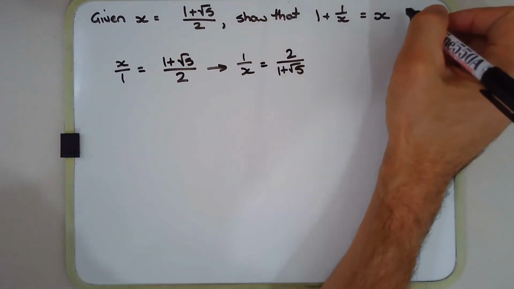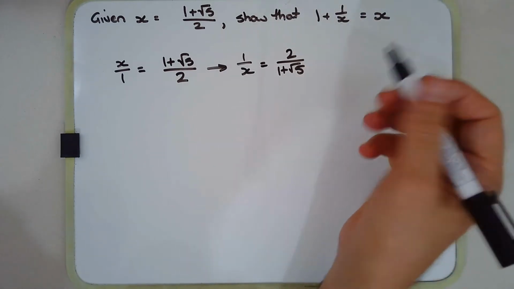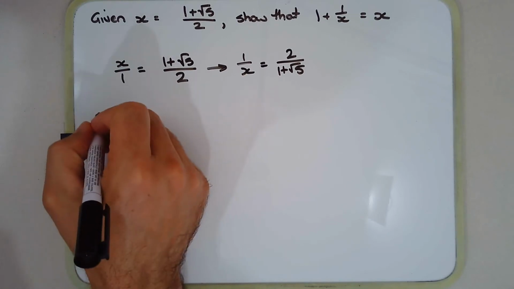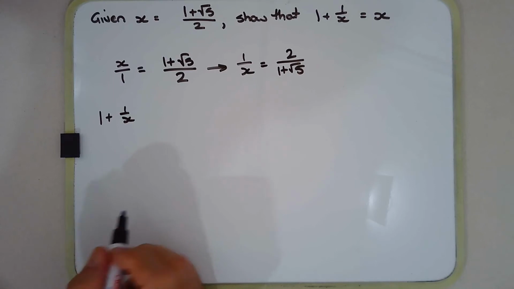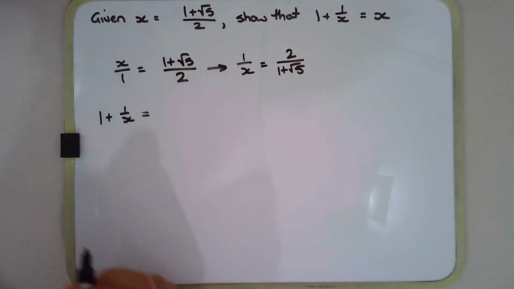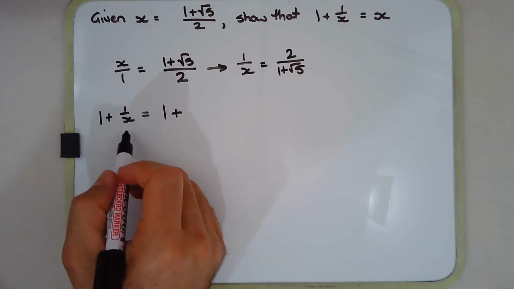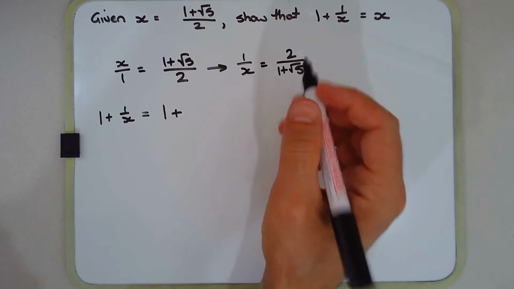Now, let's have a look at the equation that we're asked to prove. 1 plus 1 on x is equal to 1 plus, and now we have a value for 1 on x, which is 2 over (1 plus the square root of 5).